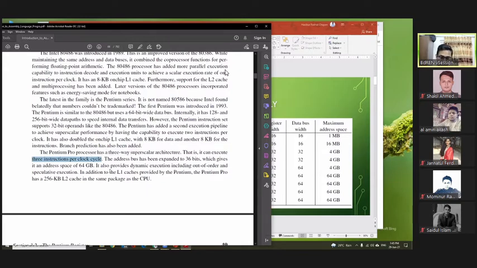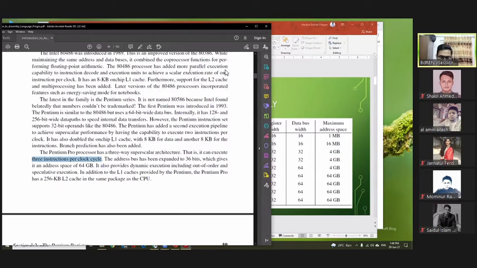Previously, in the system clock slide, we said that each clock cycle, the processor can do 1 task or process 1 data, right? That is the single task processor. From the Pentium Pro processor, with advanced technology, which is multitasking, each clock cycle can execute 3 instructions.